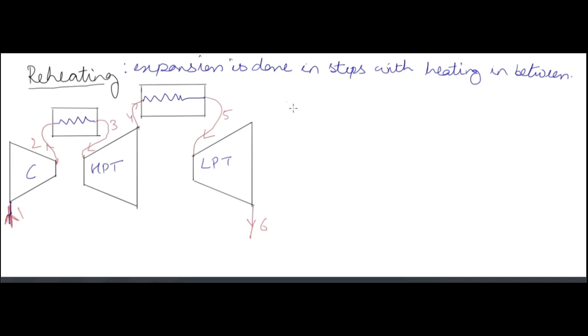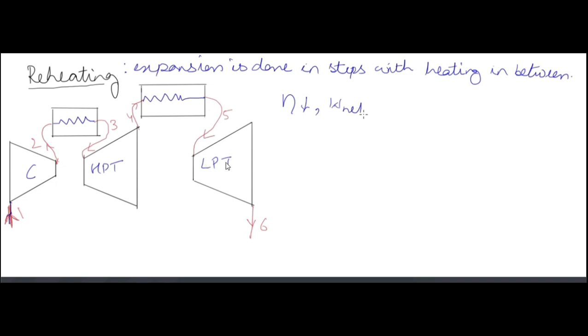So once again, the air is entering at 1 at the compressor, then it enters the combustion chamber in 2 to 3. Then from the combustion chamber, the expansion happens in the high pressure turbine because the air is highly pressurized. Then from the high pressure turbine, it enters the reheater because once again the air gets heated, and after that expansion happens in the low pressure turbine.